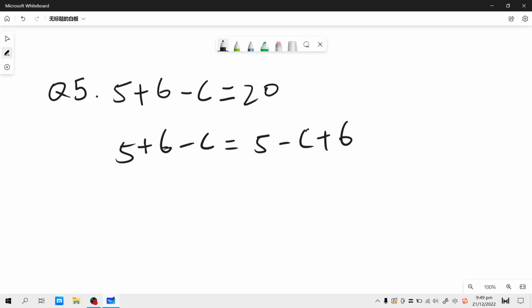This looks like it's still the same thing, right? But you cancel out this and this, so you are left with 20 equals 5 minus c plus 6.